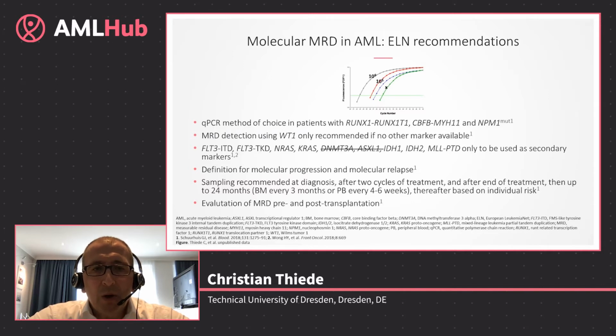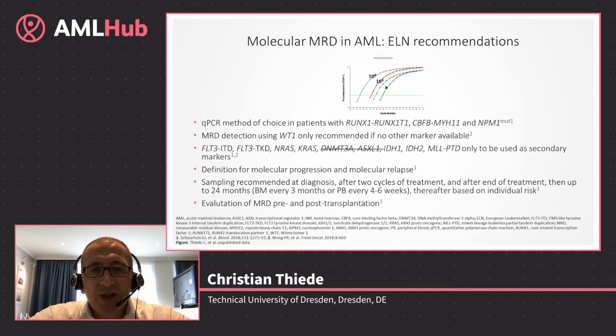And we all agreed that qPCR is the method of choice in patients having well-targetable lesions like the core binding factor translocations and NPM1. Other targets like WT1, for example, are only recommended if no other markers are available.